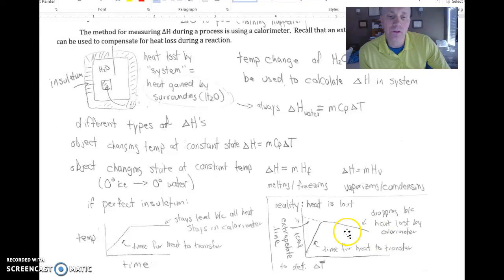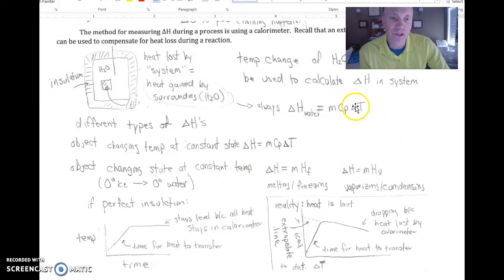Again, theoretically, what we would like to have happen is all the heat stays in there, and we can measure a change in temperature. That would be the difference in temperature here versus the difference in temperature here. That would be our delta T, and that's what we could put into this equation right here.